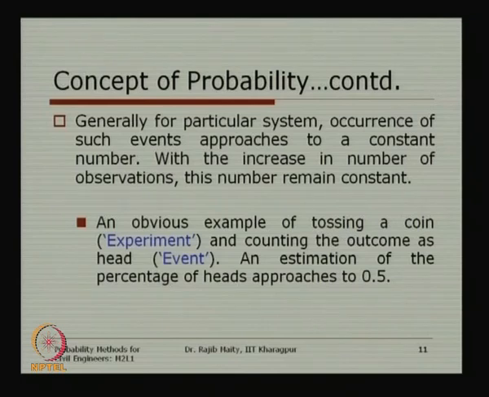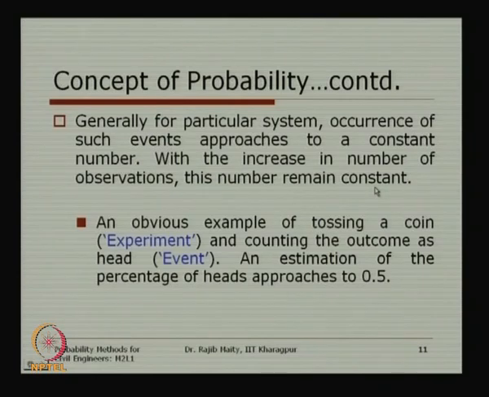In this concept of probability, generally for a particular system, the occurrence of such an event approaches a constant number. With the increase in the number of observations, this number remains constant.